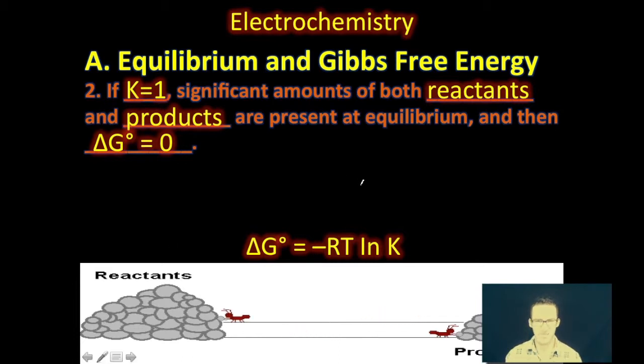If we think mathematically about what this means, if you take the natural log of 1, you get 0. And so if you plug 0 back into this formula, 0 times whatever Kelvin temperature times whatever gas constant you decide to use, although it should be the one for energy, you're going to get a value of 0. So when your equilibrium constant is 1, the change in Gibbs free energy is equal to 0.